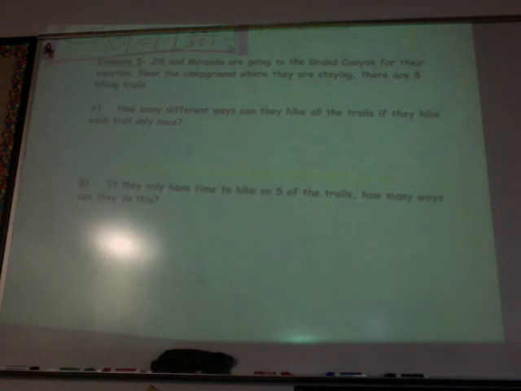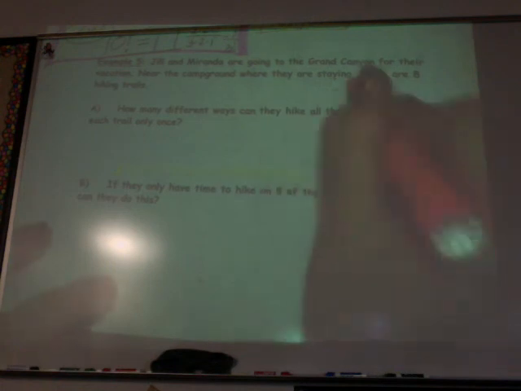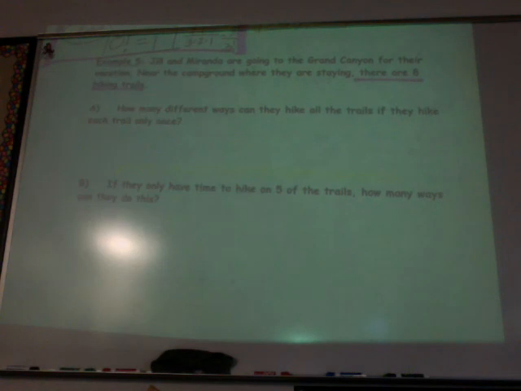Okay. Now, last example. Jill and you should know how to do this now. Jill and Miranda are going to the Grand Canyon for their vacation. Near the campground where they are staying, there are 8 hiking trails. Okay? Part A, I want you to figure out how many different ways they can hike all the trails if they hike each trail only once.